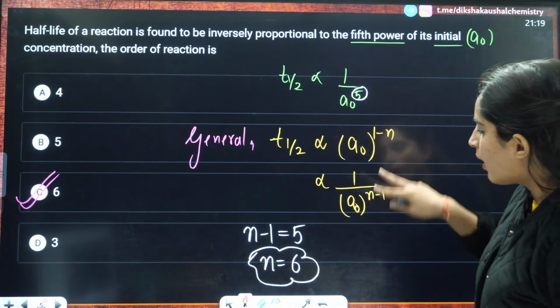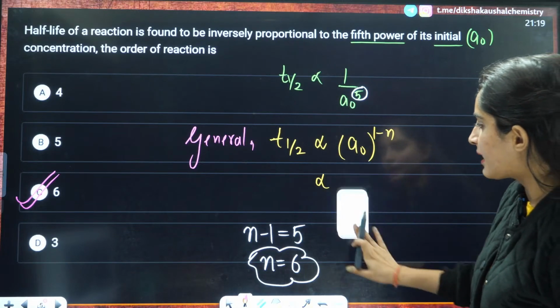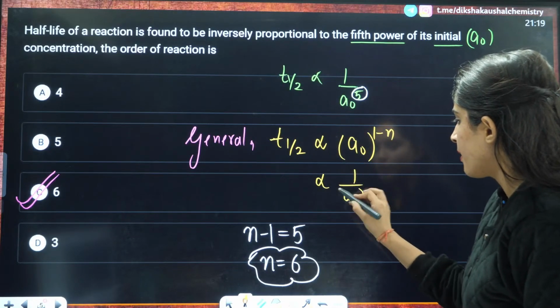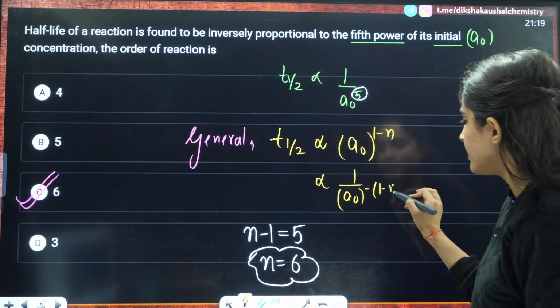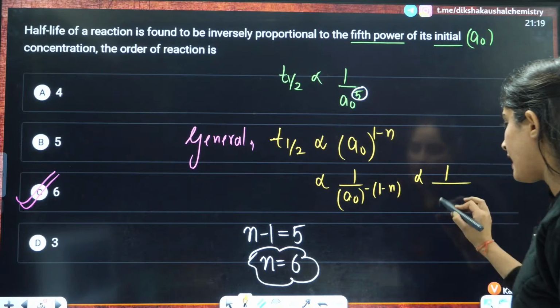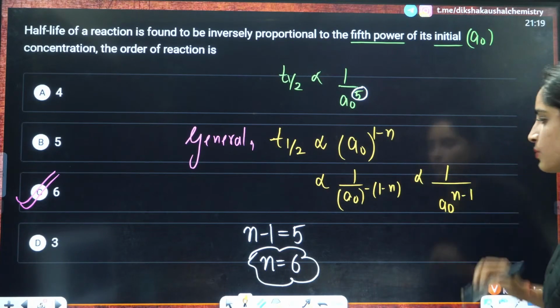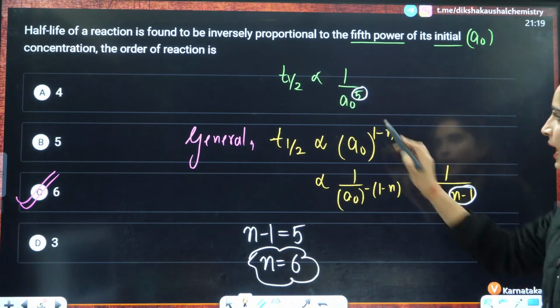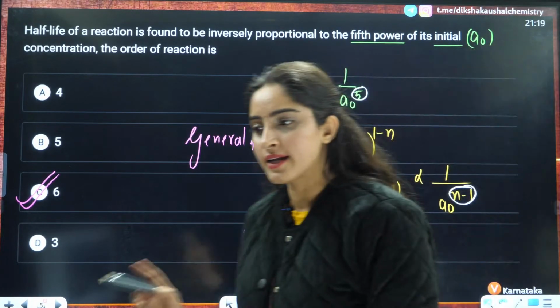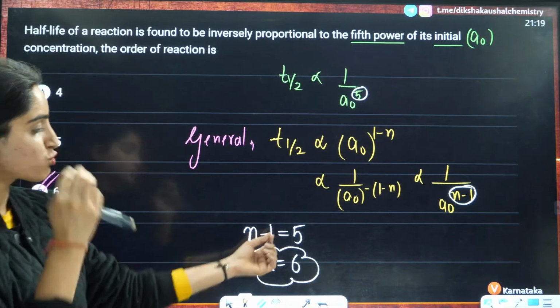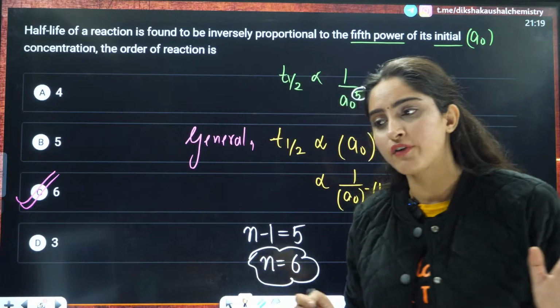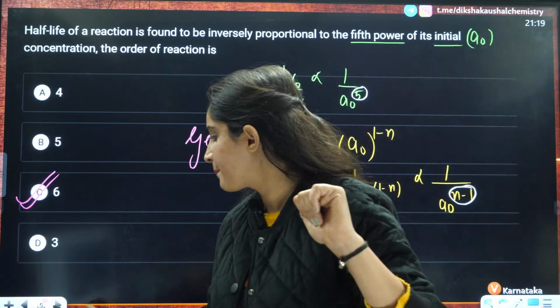If we invert this, it will be A naught raised to power n minus 1. So now it is inversely proportional to A naught raised to n minus 1 and 5. That is why we equate these two things and we will get 6 as the correct answer. Got it, everybody? Right? Okay.